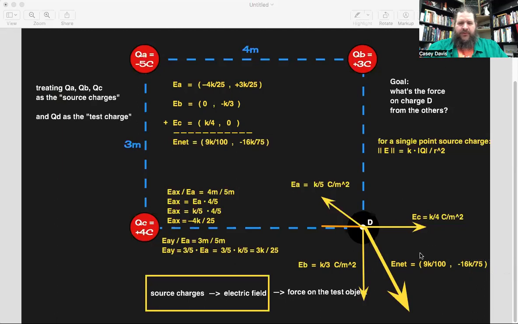Oh, and of course, that will also have units attached to it of coulombs per meter squared. We can also factor out the K and say there's 9/100ths, comma, negative 16/75 K coulombs per meter squared.